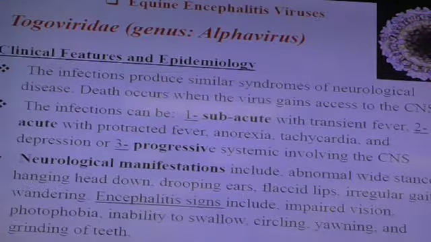Hence the importance of this, because the symptoms as a result of encephalitis are different from the symptoms as a result of encephalomyelitis. When it comes to encephalitis, for example, the signs are impaired vision, photophobia, inability to swallow, circling, yawning, and grinding of teeth.